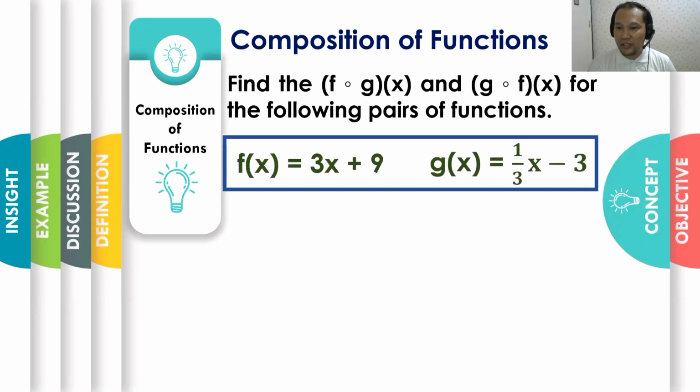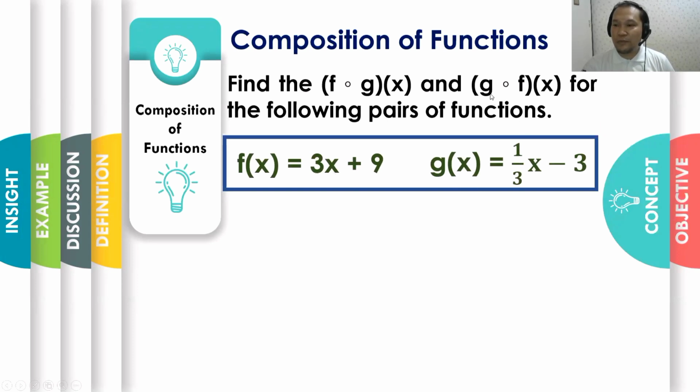of functions. And to do that, when we talk about composition of functions, f composite of g implies that you have to substitute the value of your x with g of x.